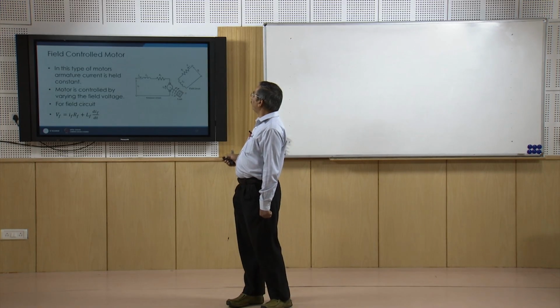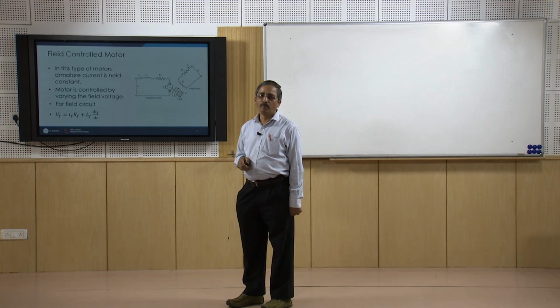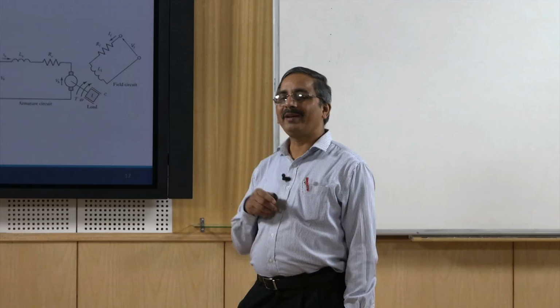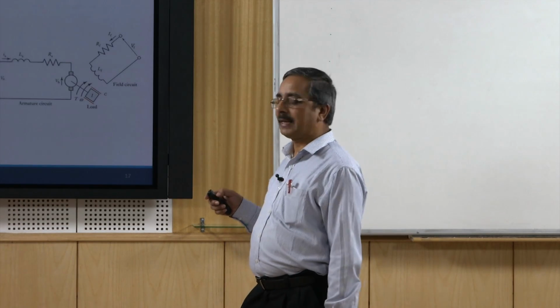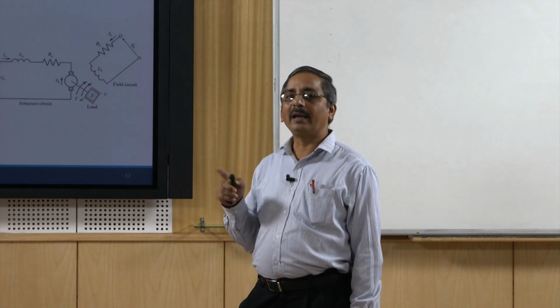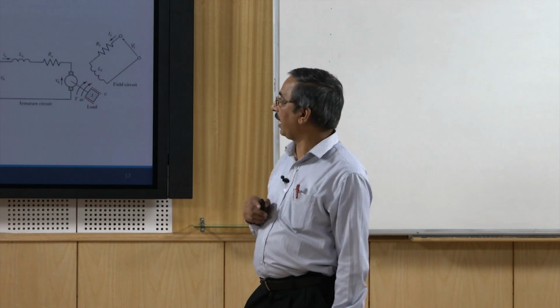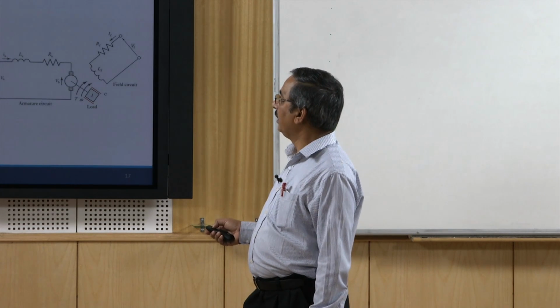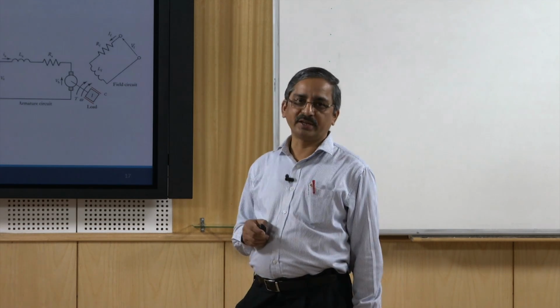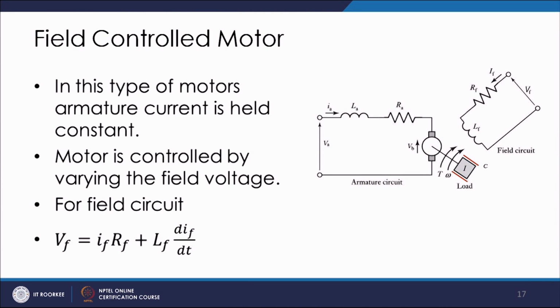Next, let us move to the field control motor. In the previous case we assumed the IF, that is the field current, to be constant. Now, in this type of motor, the armature current is held constant, and the motor is controlled by varying the field voltage.